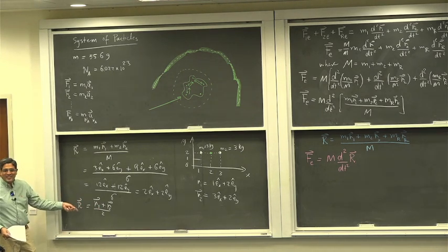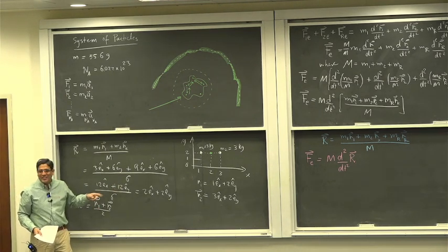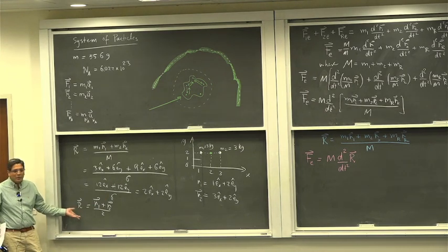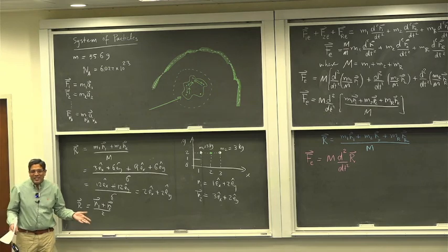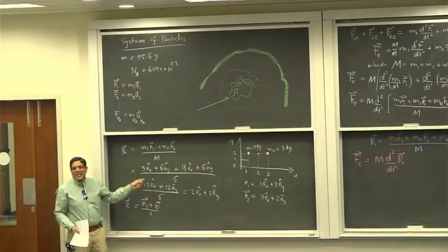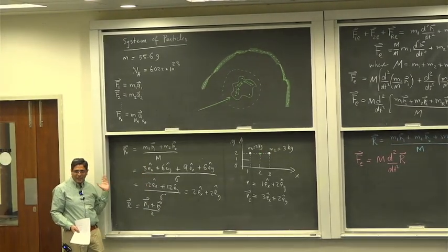But once the masses are not the same, you need a weighted average, and you can't take the masses common.